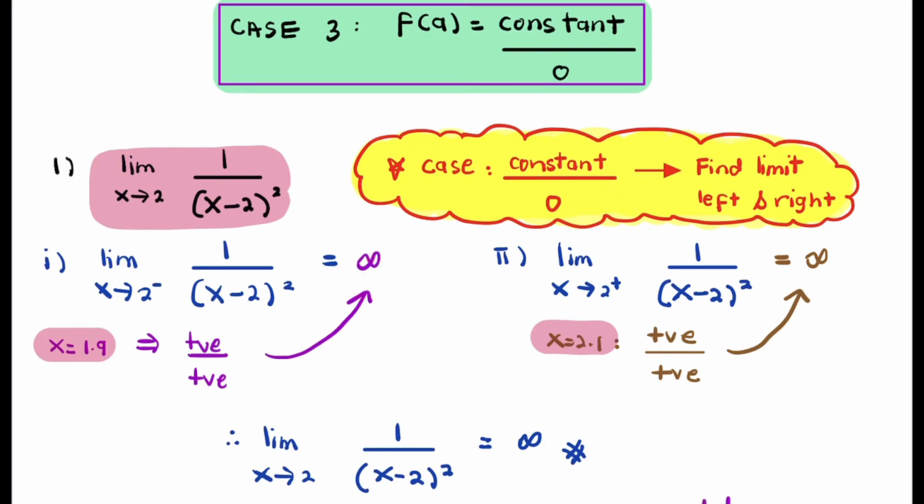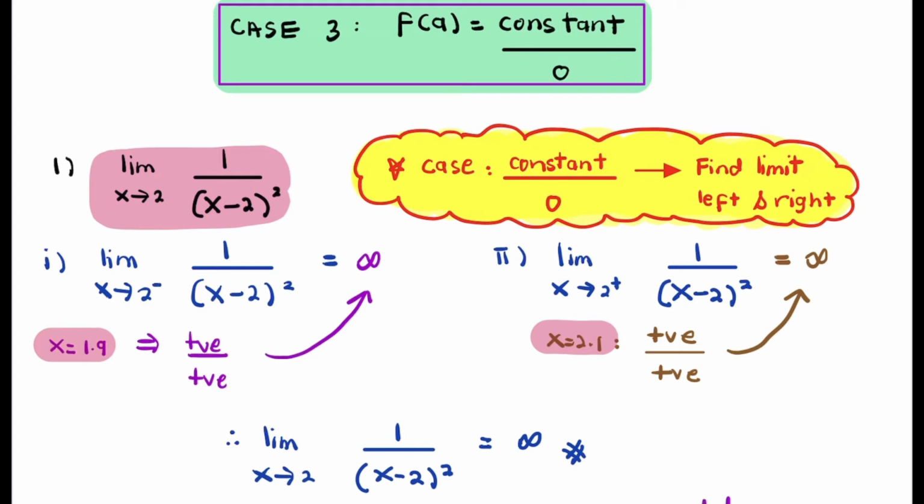Next, let's see 2 from the right, limit of 1 over (x minus 2) squared as x approaches 2 from the right. Let's take one value 2 from the right, which is 2.1. Numerator is 1, so this is positive. And when you put in 2.1, 2.1 minus 2 is positive, positive squared is again positive.